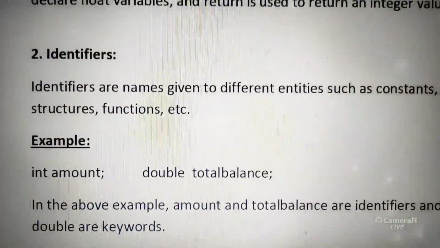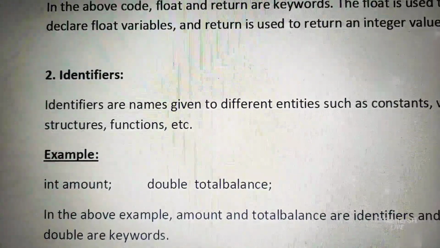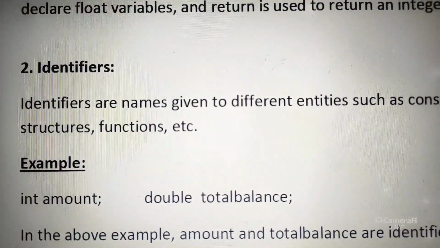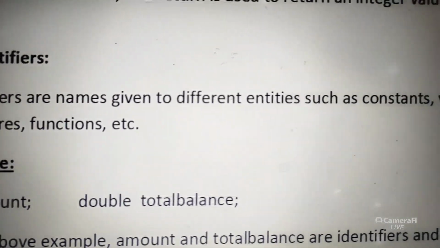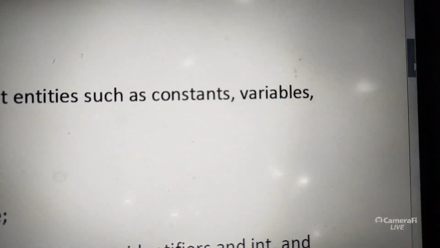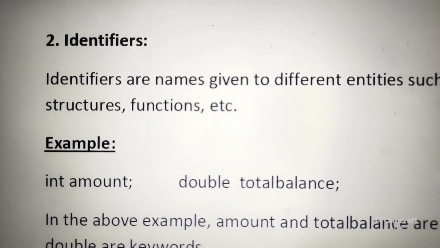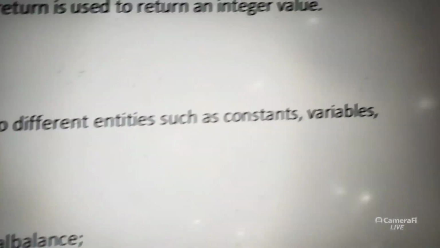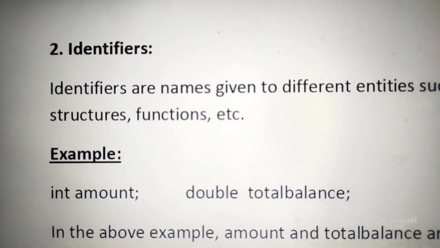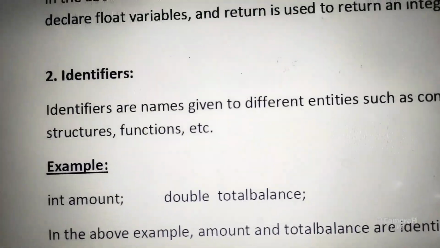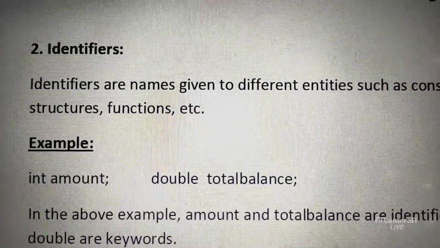In the same way, identifiers are user-given names. The programmer defines some variables, some words. Identifiers are the names given to different entities such as constants, variables, structures and functions. We will discuss what a variable, constant, structure and function are in the coming classes.